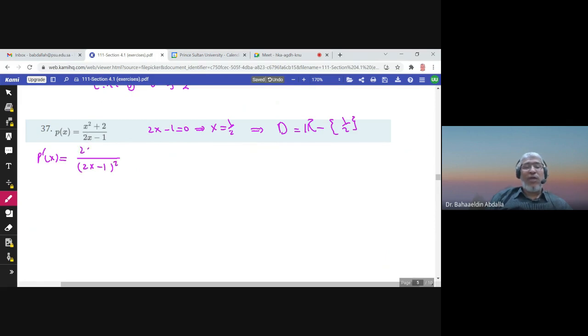Derivative of the numerator is 2x. Derivative of the denominator is 2.